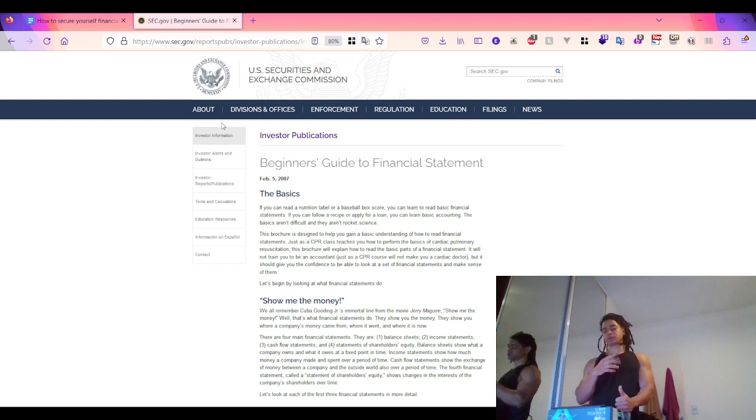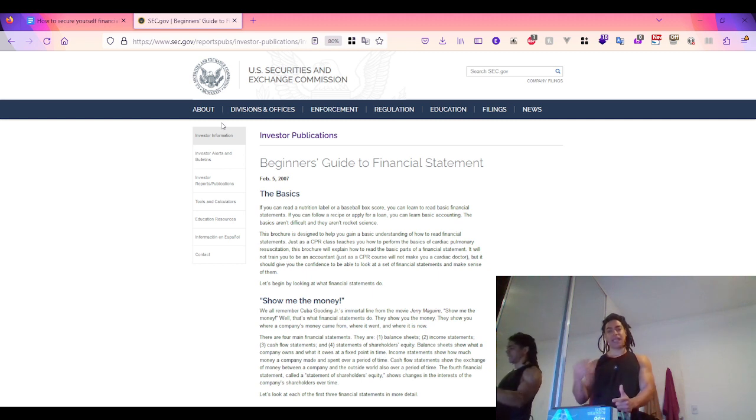And also we have long-term liabilities and the shareholders' equity, which shows the money that the investor or the owner has invested in the company's stock since inception, plus or minus its profits or losses.